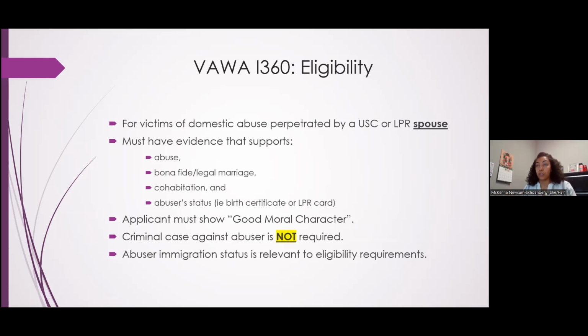Okay, so eligibility for this process is that you must be a victim of domestic abuse perpetrated by a U.S. citizen or a lawful permanent resident spouse. You must have evidence that supports that there is abuse, classified as battery or extreme cruelty.